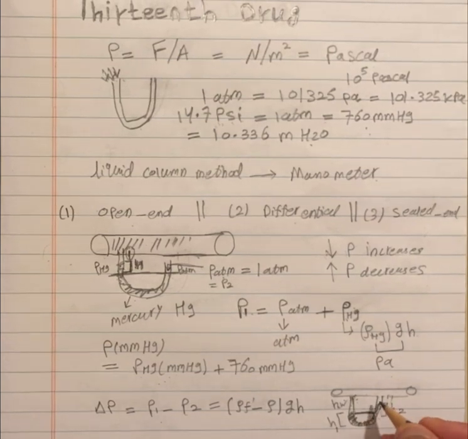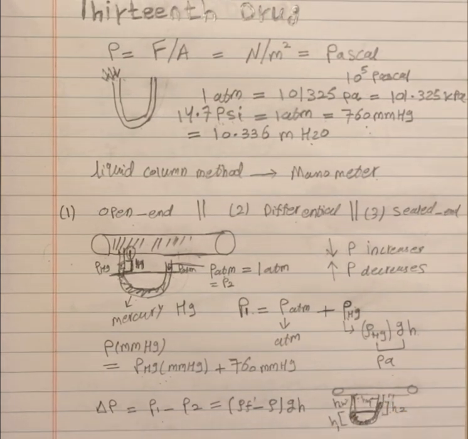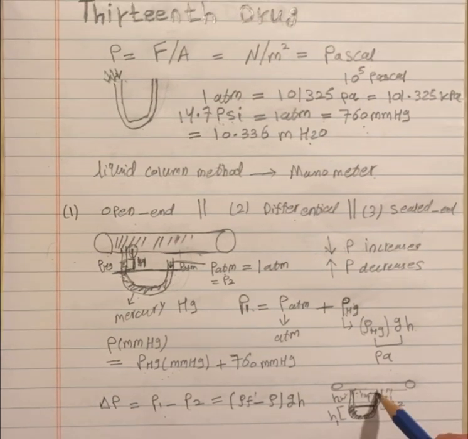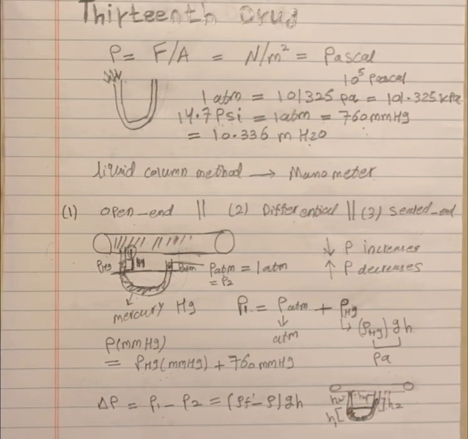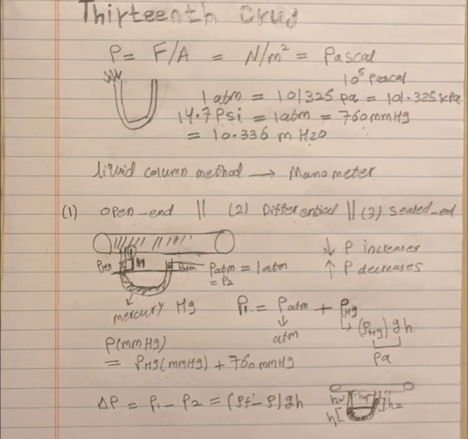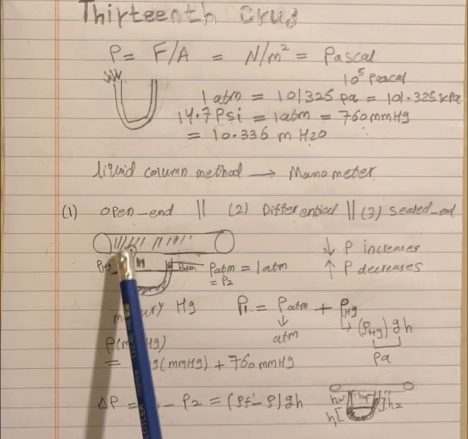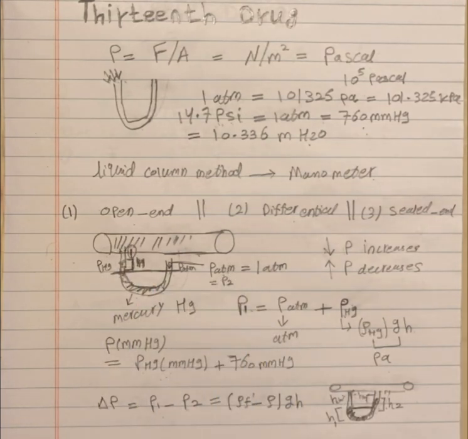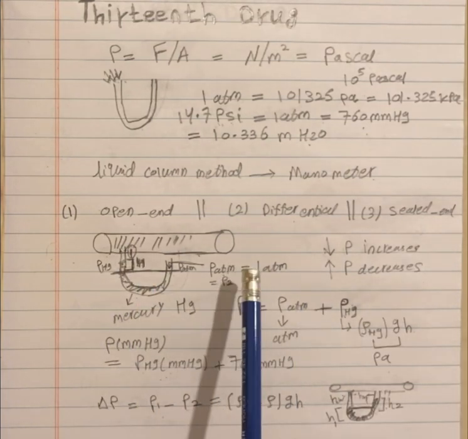And this white one also has this region. So hw1, hw, h1 or h2, both of these white densities are the same. And in this case, we will say that P1 minus P2 is equal to rho of the fluid, F, mercury, minus the rho of the white one, all of them multiplied by gh. So in this case of differential manometer, you will need to find the pressure drop, not the specific pressure at a certain point like this one. Because this one is open to the atmosphere, we know the pressure of the atmosphere at sea level.